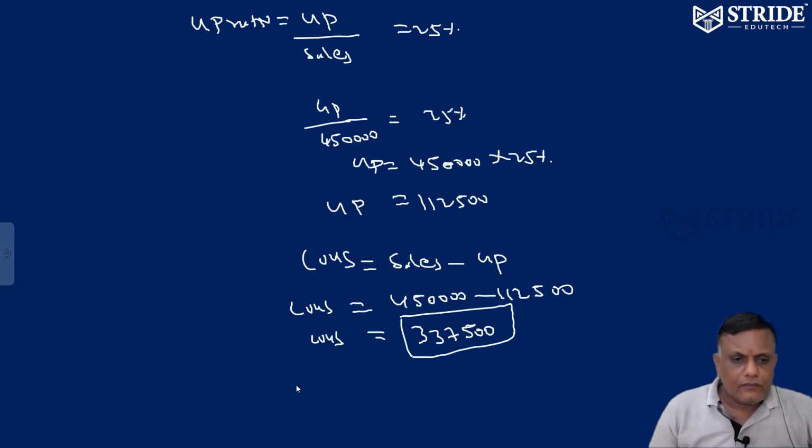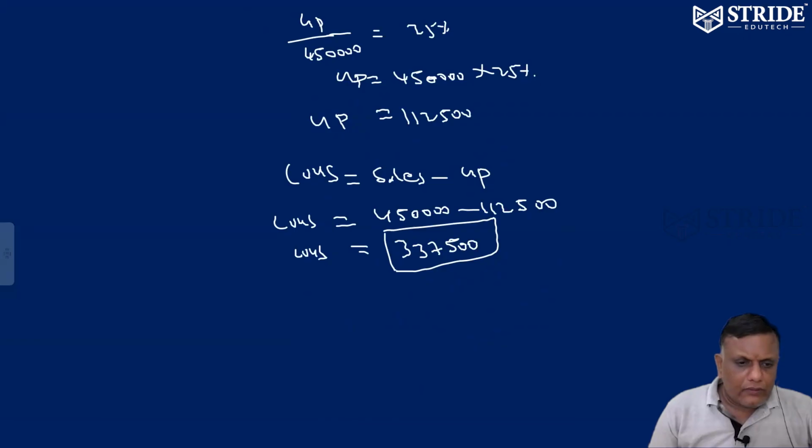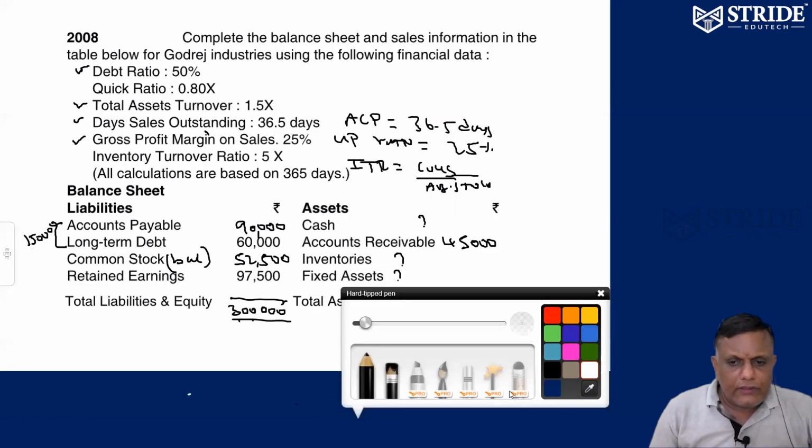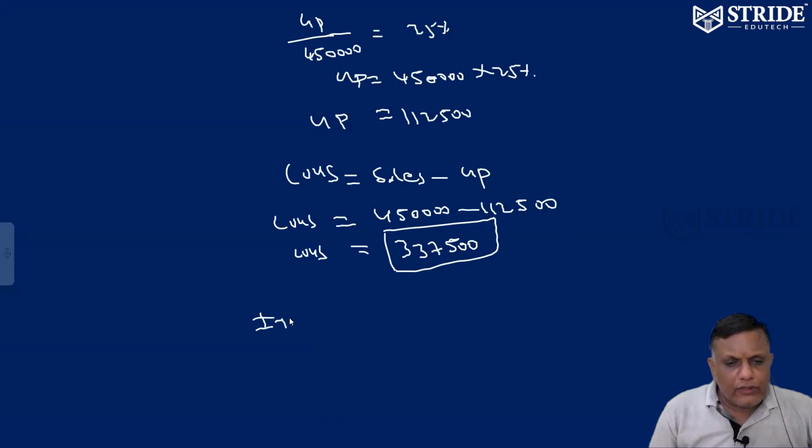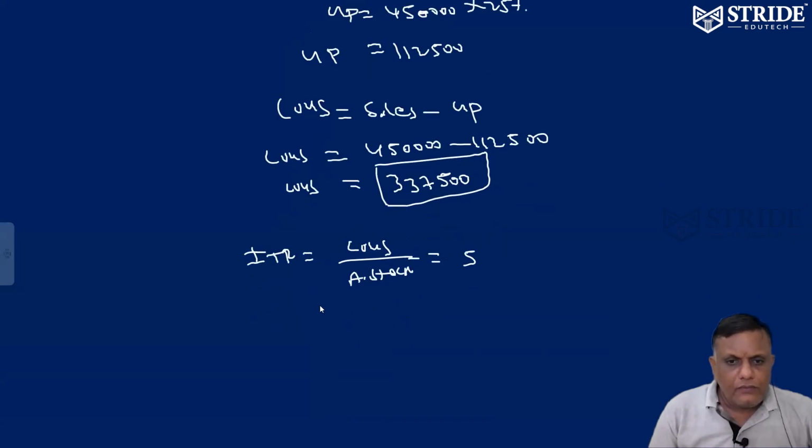Okay. Once COGS is known, we have the stock turnover ratio. Inventory turnover ratio is equal to 5 times. Inventory turnover ratio is equal to COGS by average stock, that is equivalent to 5 times. COGS 337,500 by average stock, which is the question mark, is equivalent to 5 times.